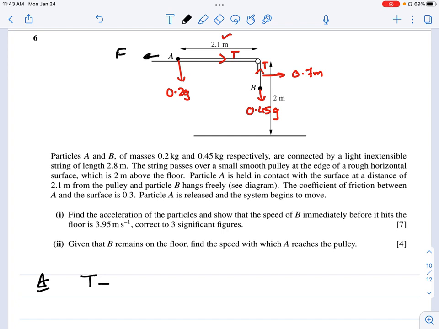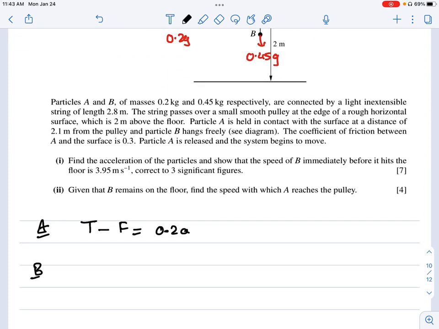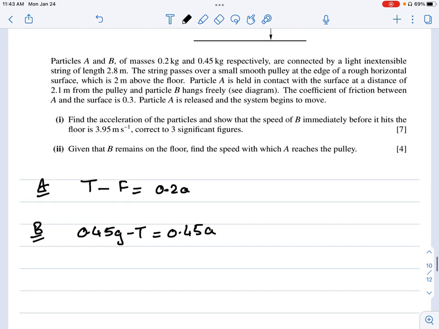There is a friction, so tension minus friction is equal to 0.2a. For B, the forward force is 0.45 g minus tension is equal to 0.45a. So I got this one.